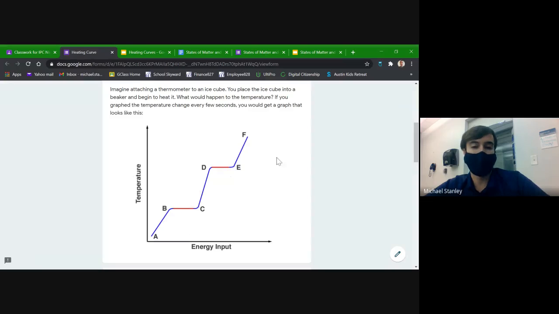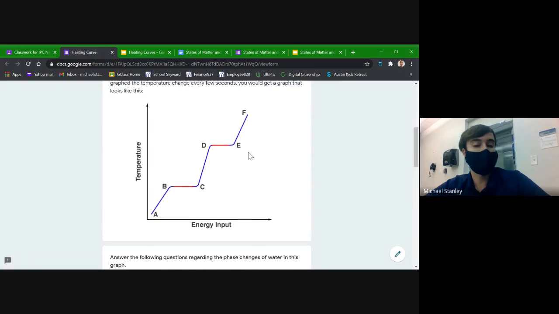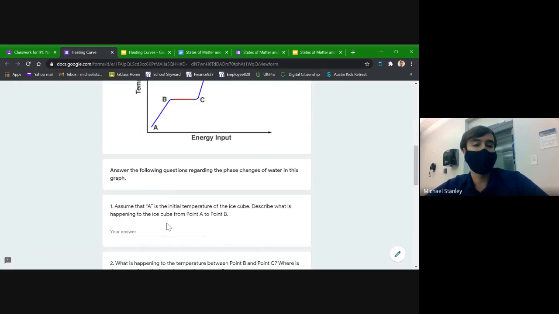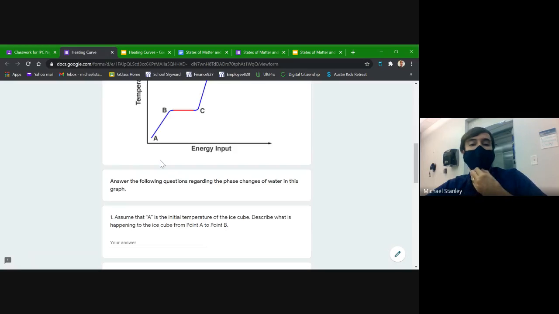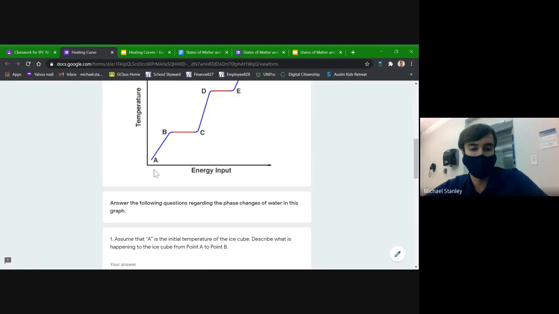Only now, instead of having all of those labels, we just have these letters marking these different points on the curve. And so essentially all you have to do is answer a series of questions that basically ask what's happening at this point in the heating curve, or what state are we in between this letter and this letter.